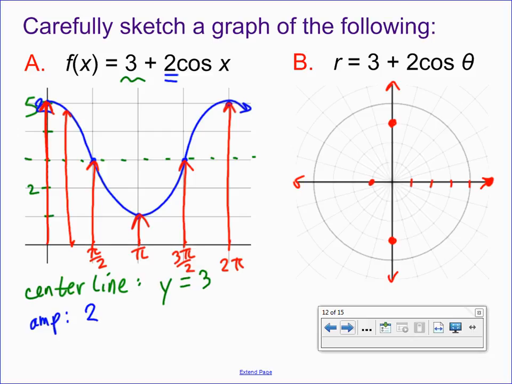Let's consider pi over 4, back to pi over 4. So pi over 4, the cosine of pi over 4 is about 0.7, right? 2 times 0.7 is about 1.4. 1.4 plus 3 is about 4.4. Let's try going about 4.4.